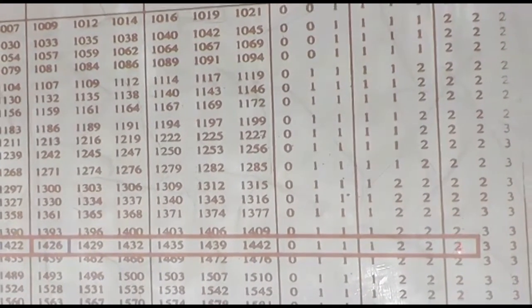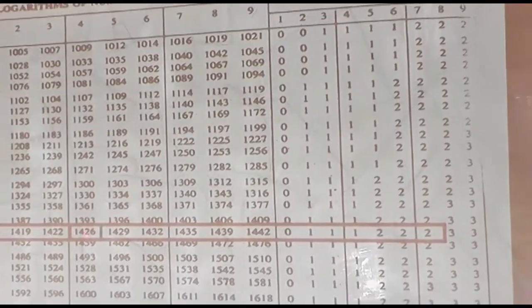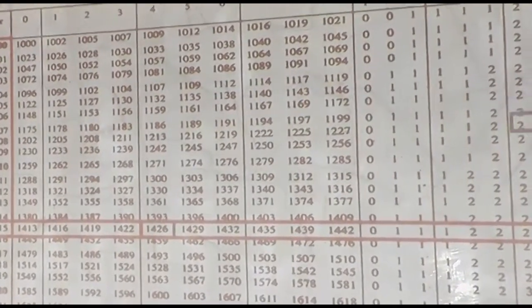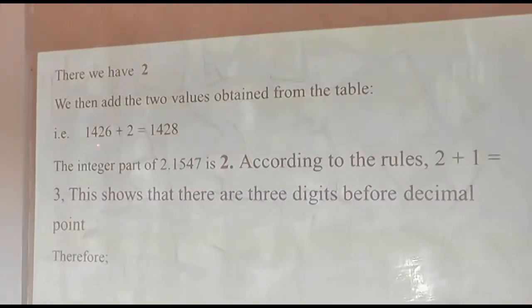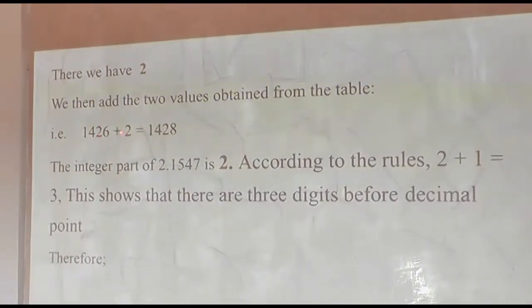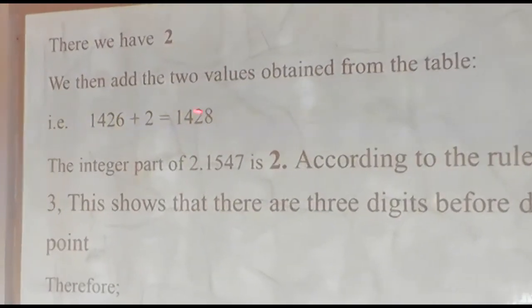As usual, we add the difference to whatever we have under 4. There we have 2 at the difference. Then we add the 2 value obtained to what we got under 4. We have 142.